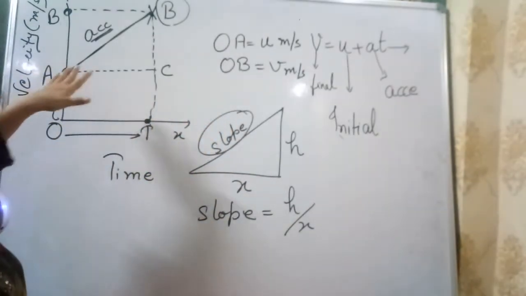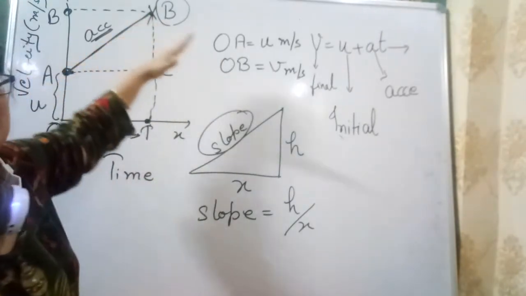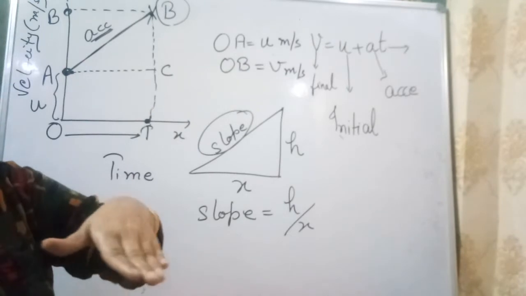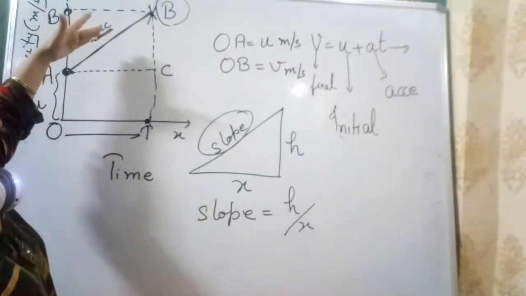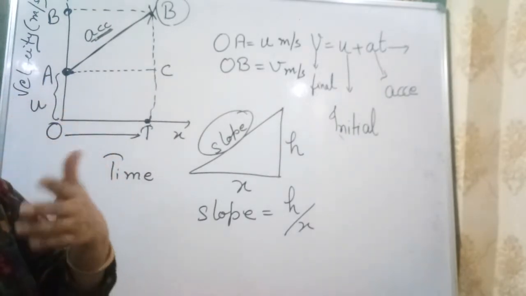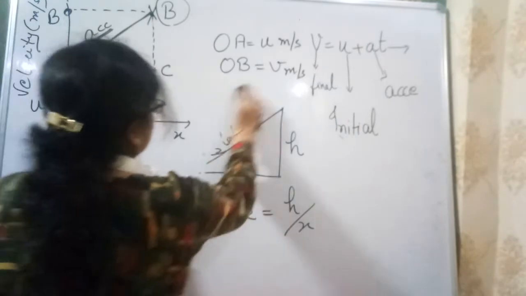So in the same way AB represents the acceleration given to the body, and when we find the slope, we find the acceleration acquired by that body. Now come to the point again.